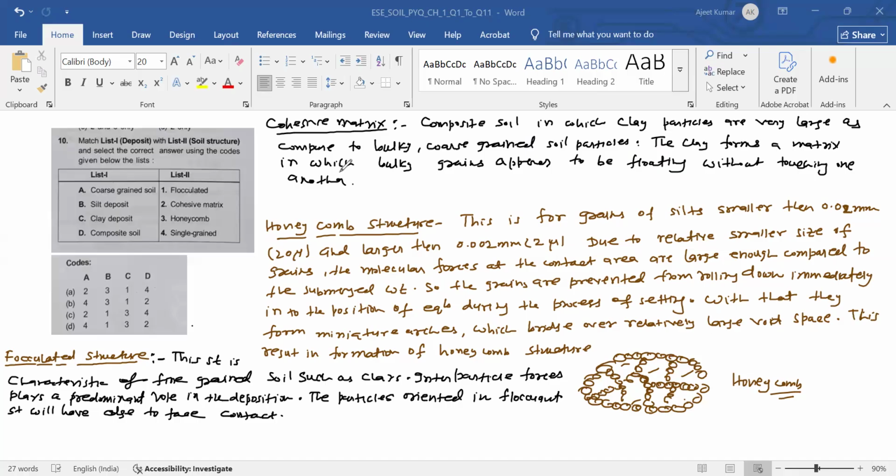This is cohesive matrix. And coarse grained skeleton is reverse of that.